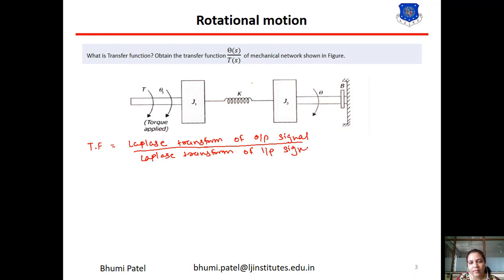So this is the definition of the transfer function.